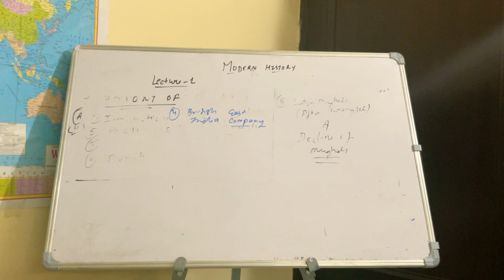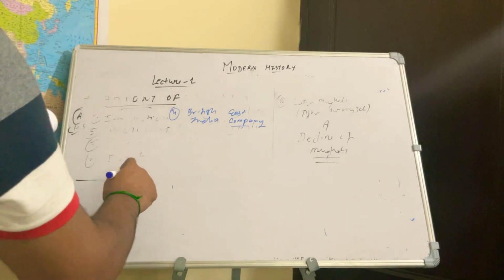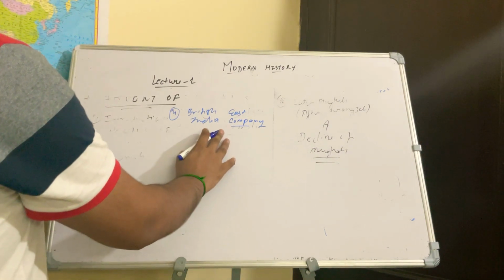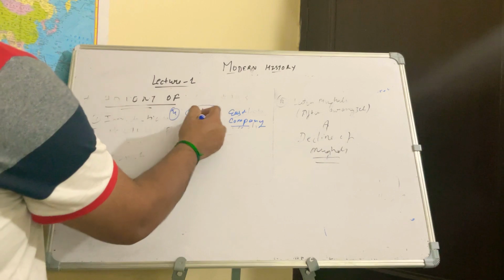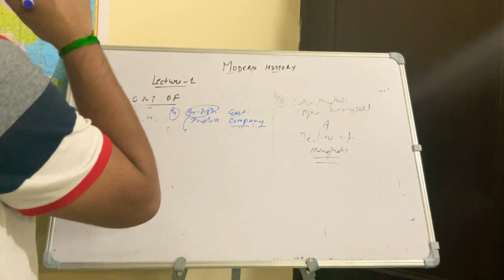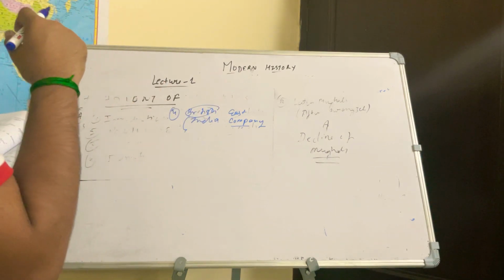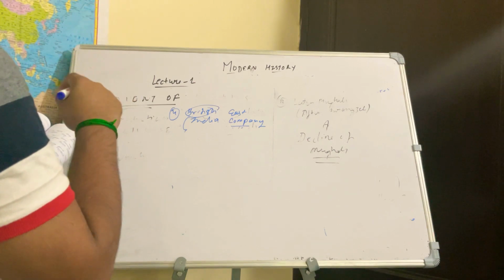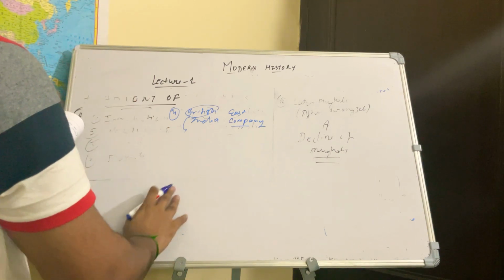Second point, on 31st December 1600, Queen Elizabeth gave the royal charter for 15 years to merchant adventurers. So as we discussed in the beginning, all the East India companies, irrespective of British, Danish, French, all were carrying the charters or the specific rights given by their king, ruler or queen to expand their business.